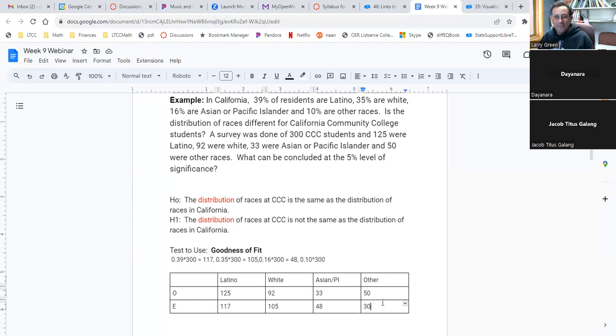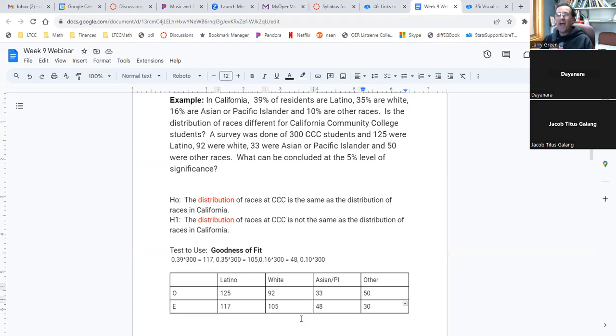Okay. So once we have that, let me double check. 117, 222, 207. Yep, it works. I just wanted to check it. They add up to 300.